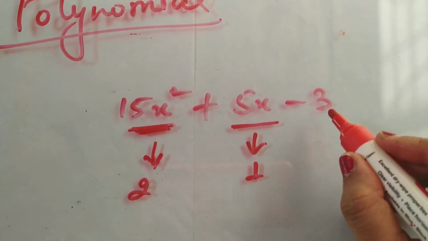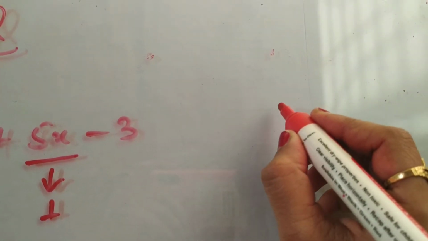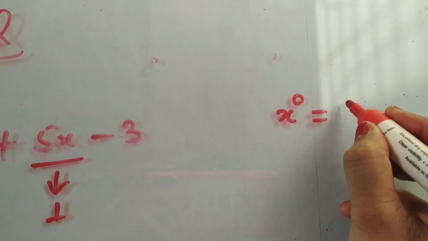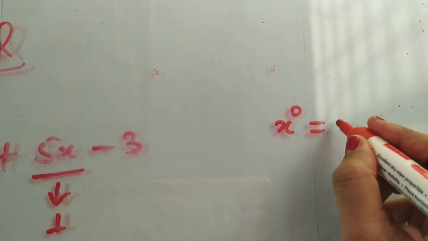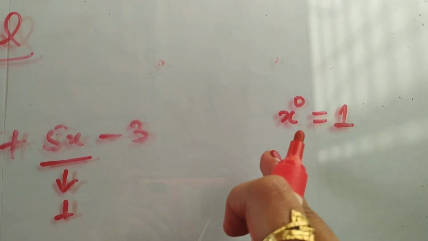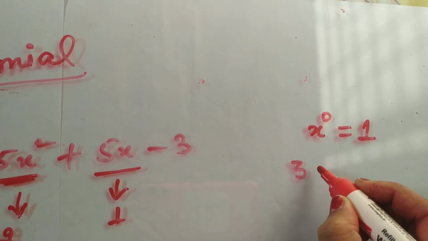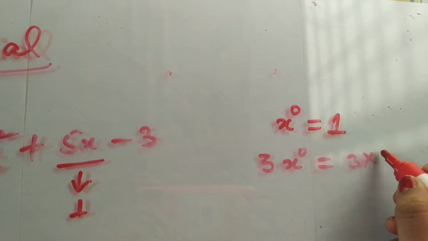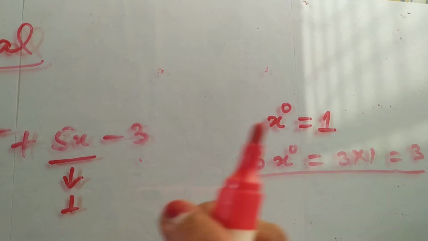Here you see that no x is there, but we know that any number to the power 0 is always 1. That means x to the power 0 is 1. So 3x to the power 0 means 3 into 1, which is 3. So we can write 3 like this.